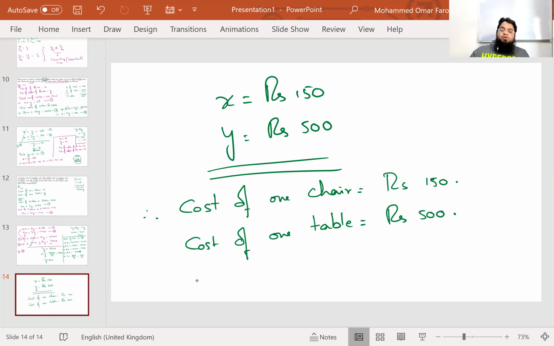So today we have studied two things. One is the behavior of a pair of linear equations in three different situations and the existence of solutions, and solving a pair of linear equations using the elimination method. The three situations are: the two lines may be intersecting, or parallel, or coincident.